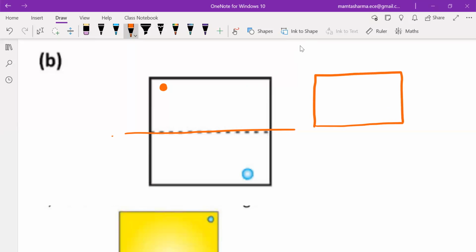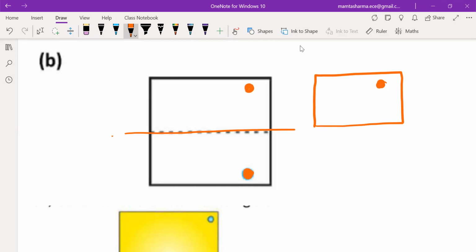So this hole will come here. So when you fold it, the given hole will appear here. Correct? So the position of the second hole would lie here.